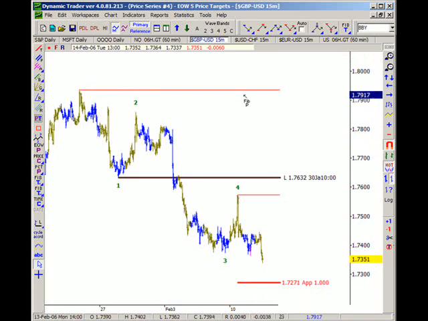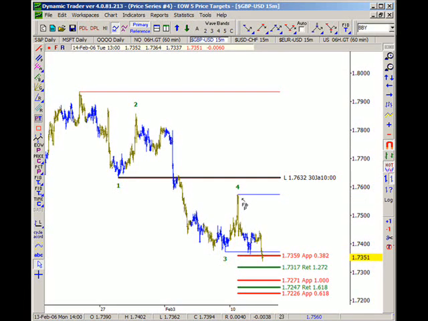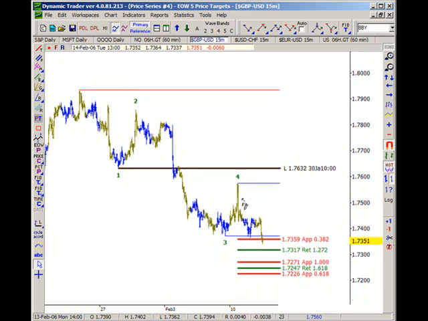Let me adjust the chart a bit here. Let's do the 38 and 62% of the range of waves 1 through 3 projected from 4. And then let's do the external retracements of this wave 4. So we've got all our projections complete. Let me just move the chart up here.